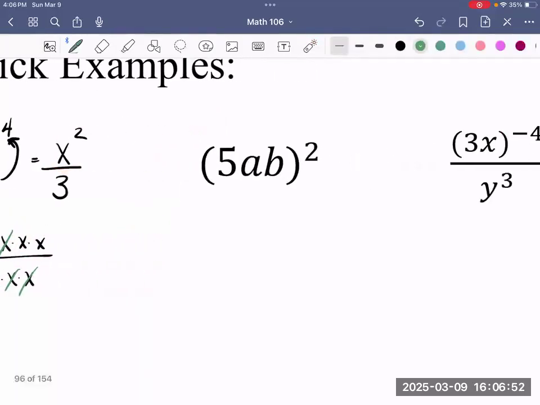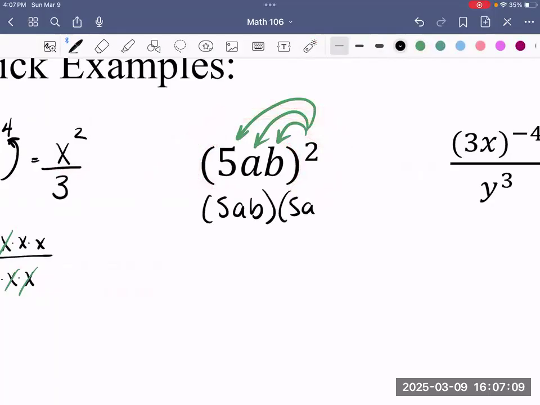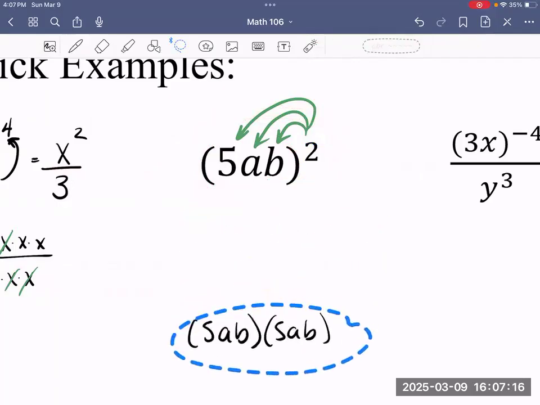Now for this one, we can go ahead and distribute, because it's a monomial. Notice that there's no addition or subtraction sign within your parentheses. We have just this duplicate amount. So if you wanted to, we could certainly write this out the long way. However many you have is however many you write. So I'll show that down here.